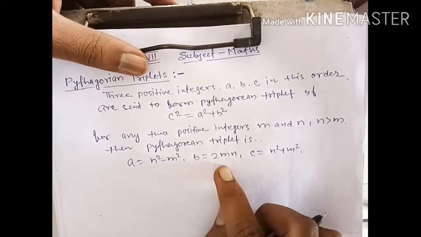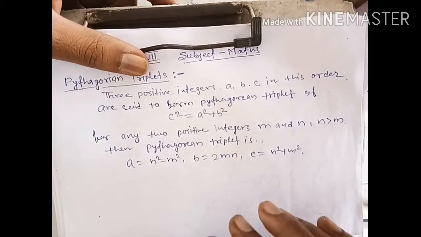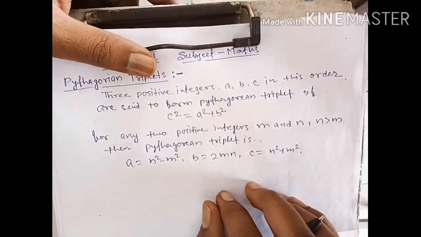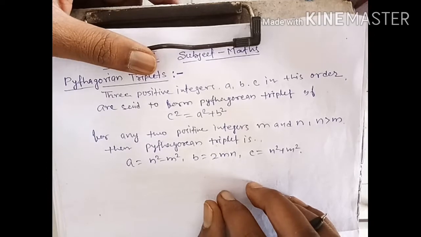By this rule we can find Pythagorean triplets by taking various values of m and n.